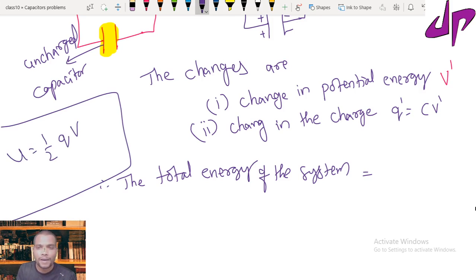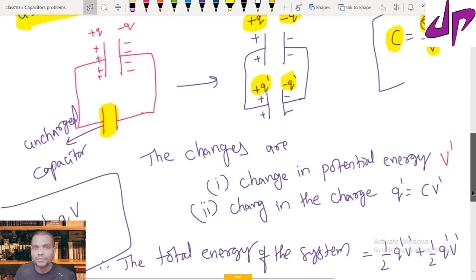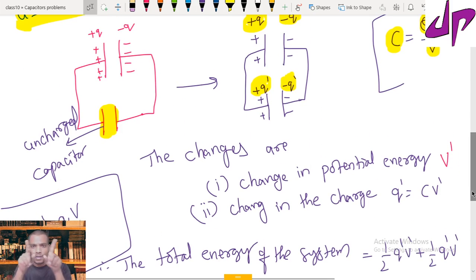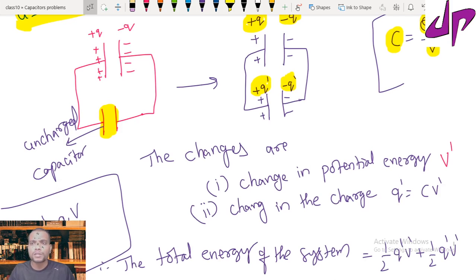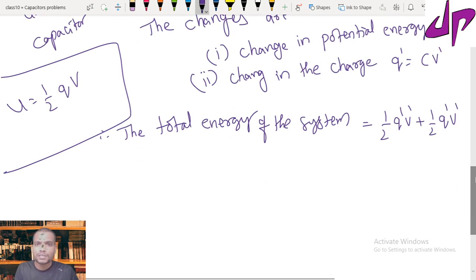Here I have two capacitors, so I can write half, each capacitor having the charge Q dash and the new potential V dash, plus half Q dash and the potential V dash. Why have I taken the potential V dash? Since they are connected in parallel combination, the potential remains the same. So that is the total energy.